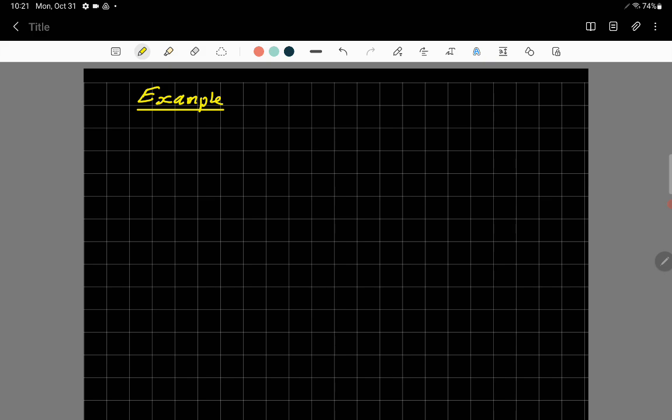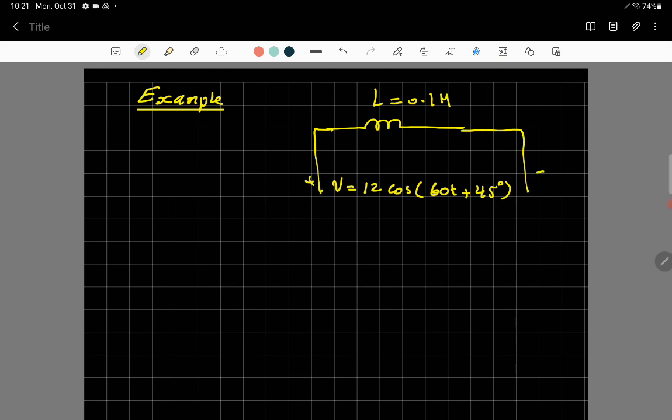Let's say that we have an inductor, and this inductor is equal to 0.1 Henry, and has a voltage across it. The voltage across the inductor is equal to 12 cosine 60t plus 45 degrees volts.